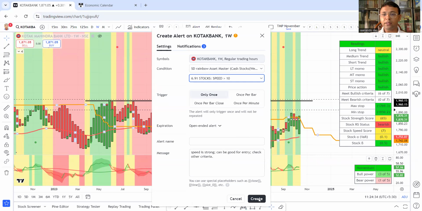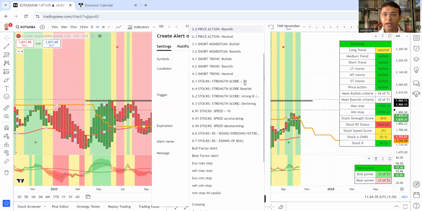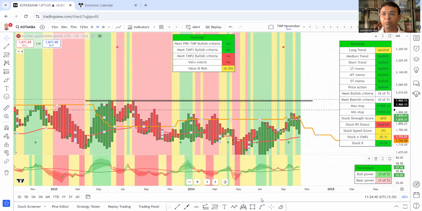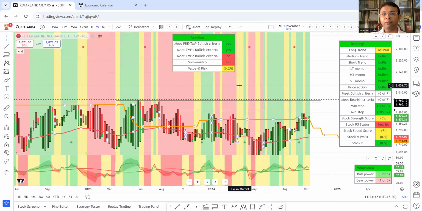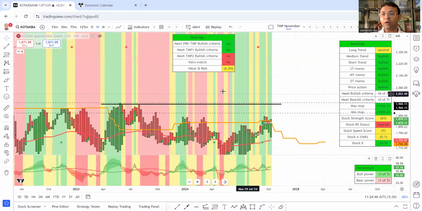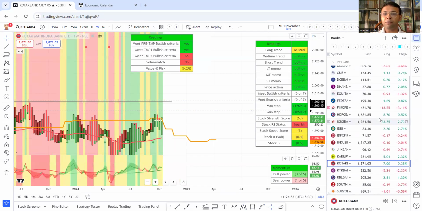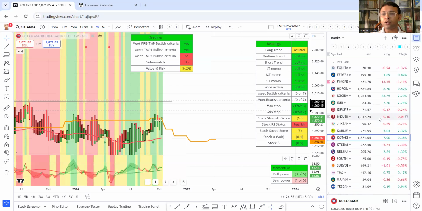Speed score greater than 10, we can do another round. And rising, speeding, and extreme bull, the final round, and we will be fully invested in Kotak. So this is how the plan is set. Currently, I'm not yet ready to do anything in Kotak. Maybe in future, we'll have something better to do with these alerts and order placing.